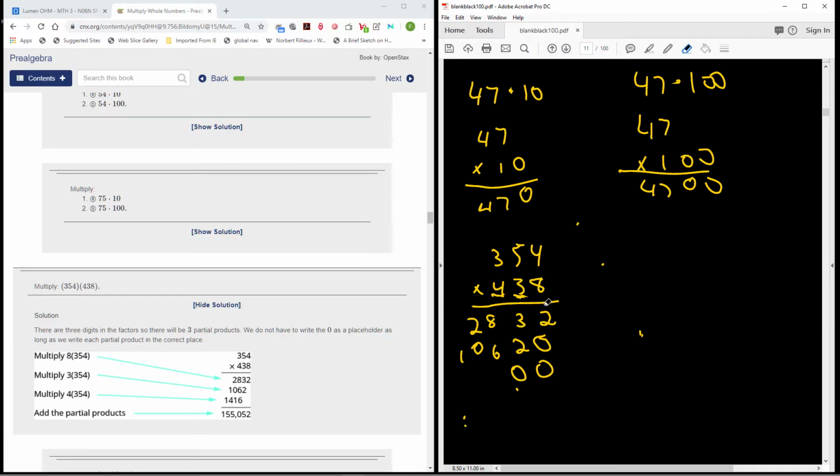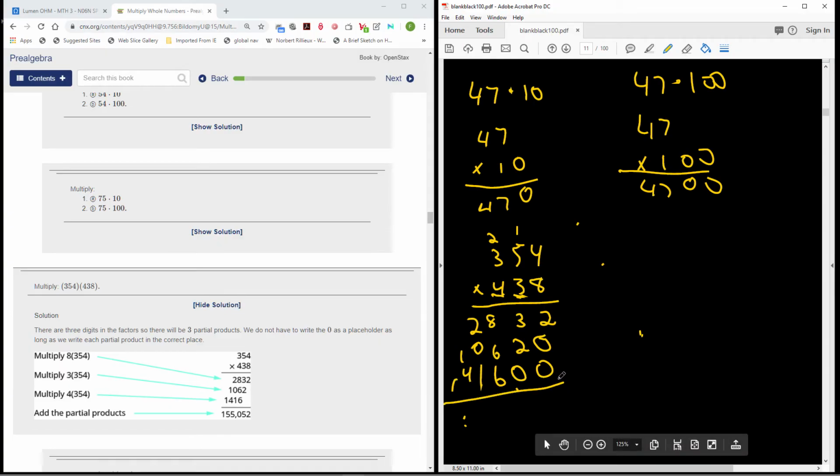So I have 4 times 4, which is 16. 4 times 5, put down my 6 and carry my 1. 4 times 5 is 20, plus 1 is 21. Put down my 1 and carry my 2. 4 times 3 is 12, plus 2 is 14.